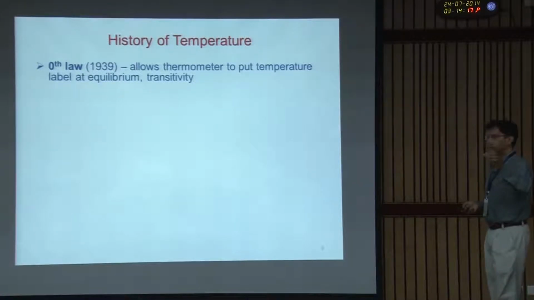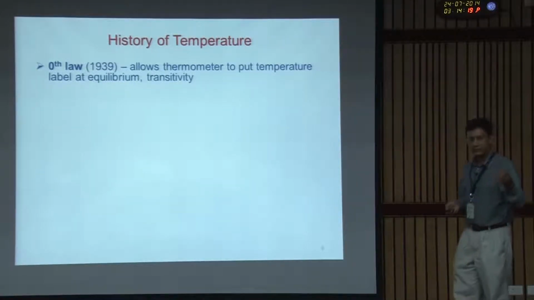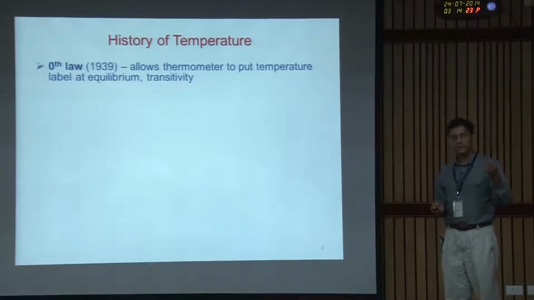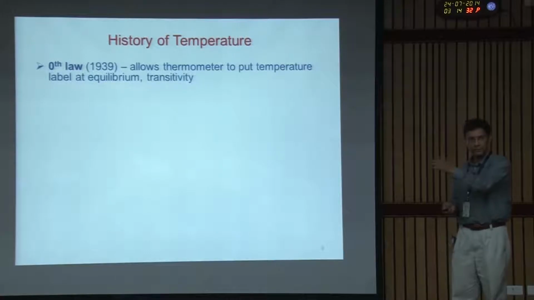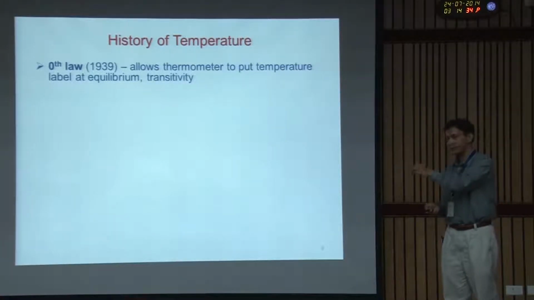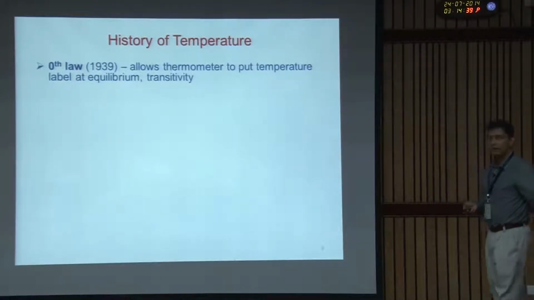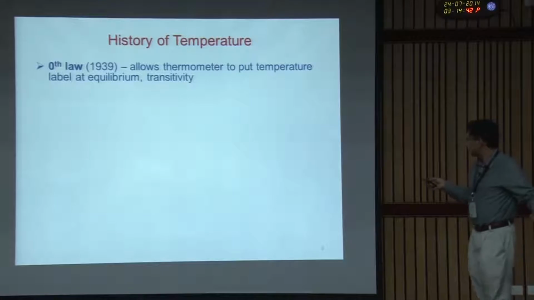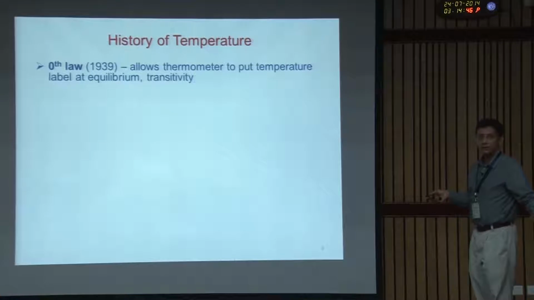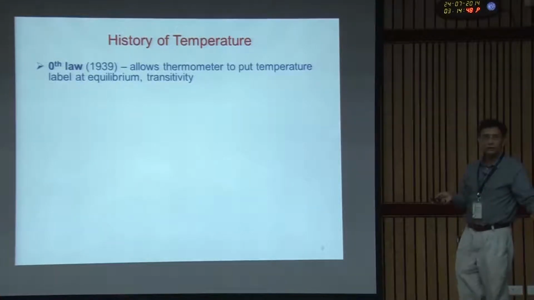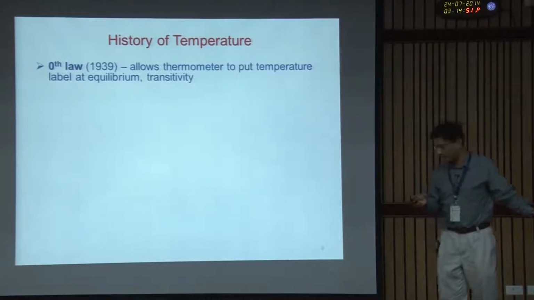If I say that the temperature of this liquid is 30 degrees centigrade, it means that the thermometer with which I was measuring the temperature was put in a known system of 30 degrees, and hence if it is measuring the same thing, the other thing must also be at the same temperature. So this transitivity of temperature is assured by the 0th law. It, however, does not say anything about heat flow or heat flux.